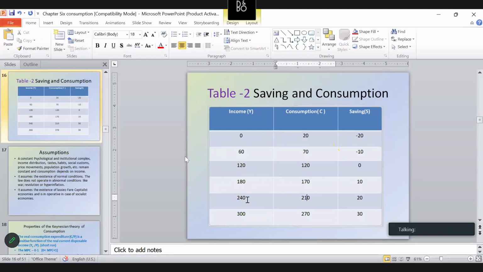Again, the income increases by 60, and here 30, 40, right? 30 plus 30, 60.